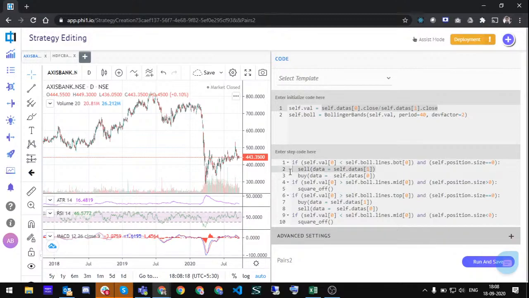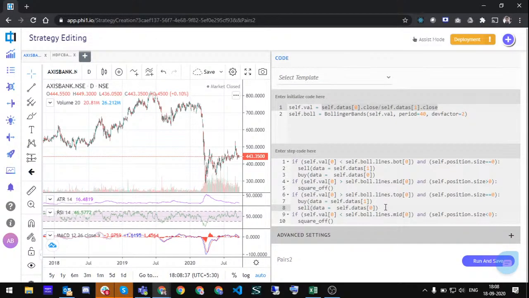In this case, security 1 is represented by the index 0 and security 2 by 1. So when it's towards the lower band, we take positions in that fashion, and we square it off when the ratio reverts back towards the mid. Similarly, we have the opposite criteria. When it goes towards the top band, we take opposite long and short positions. And again, once it returns back to the mid band, we square it off.